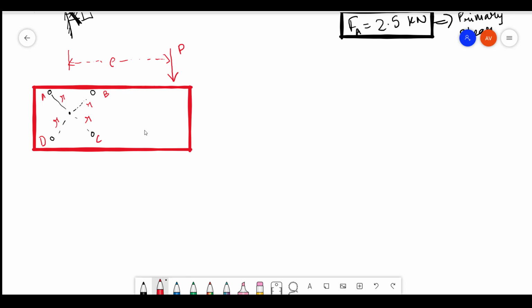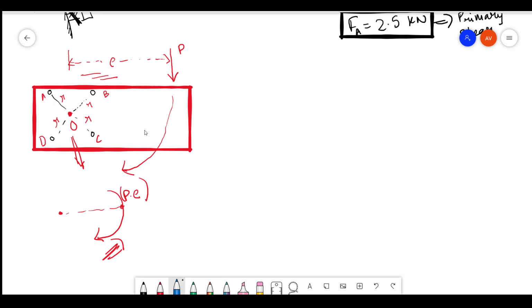You are having a moment like this. About this origin, let's take this as origin, you're going to have a moment because of P. That is P into E, the distance from the point of load. You have to balance this moment.